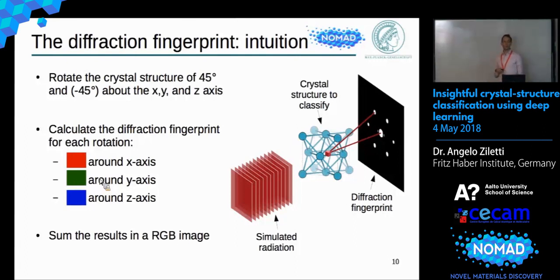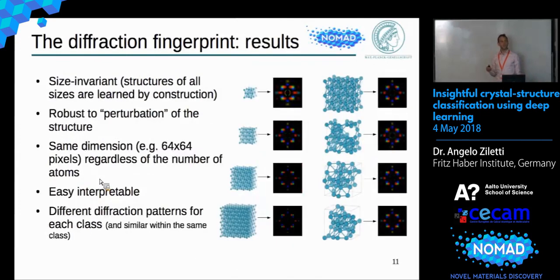There's no particular reason to do RGB, but that's what images are, and your TV is like that. So I thought it was a nice idea to put them together in an RGB image. That's how we represent these complicated structures, simply as RGB images.